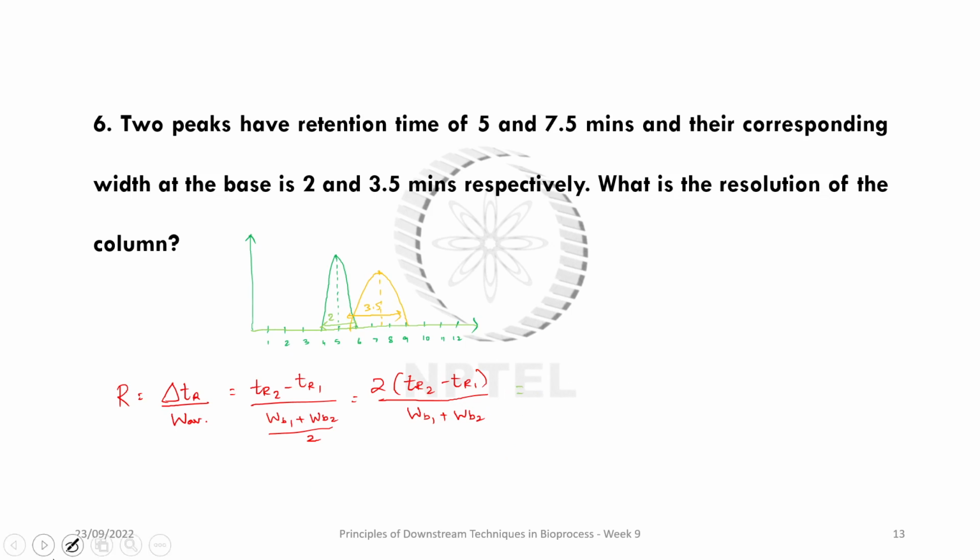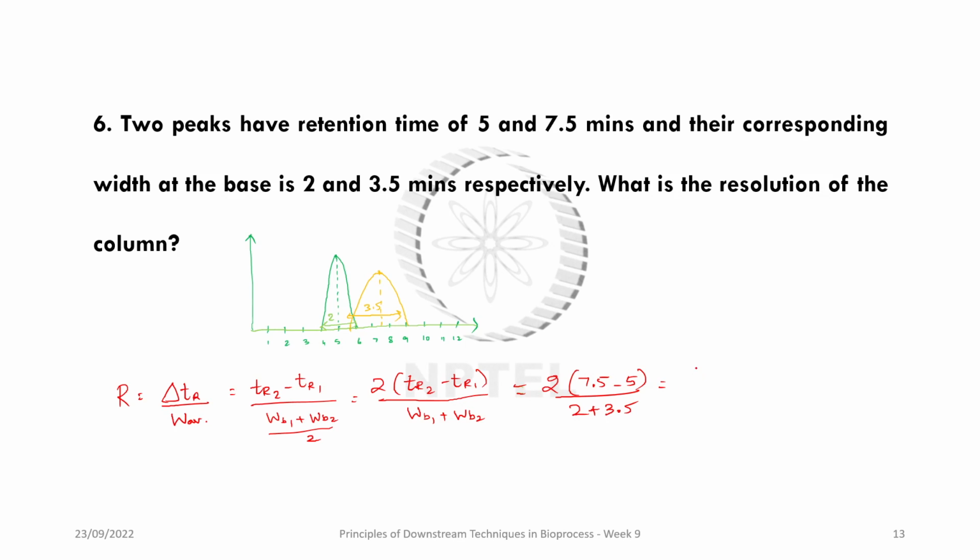Substitute 2 into, nobody answered. 7.5 minus, thank you Natarajan, 7.5 minus 5 divided by, thank you Urja, base is 2 plus, thank you Nisha. Great, good to see everybody solving.